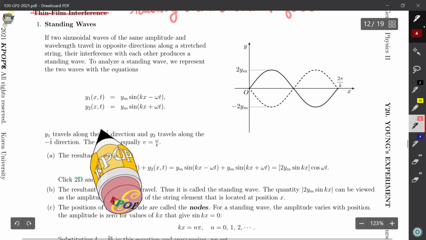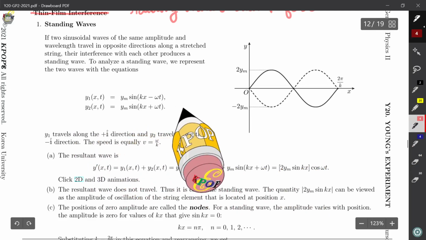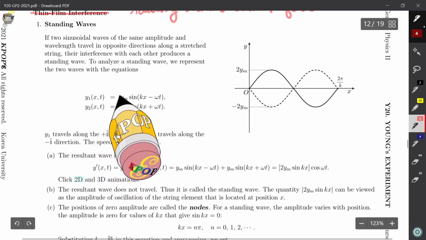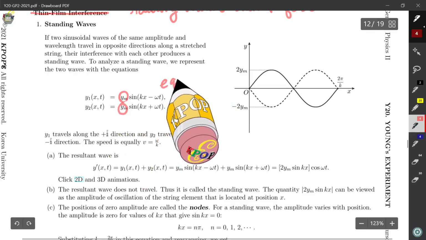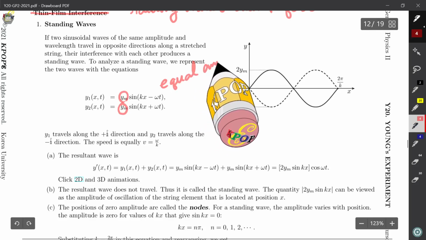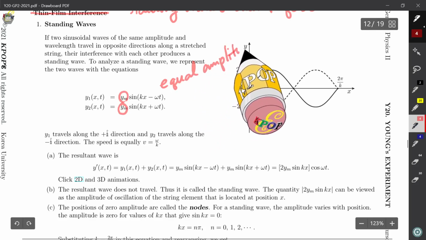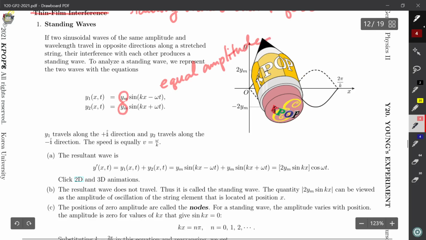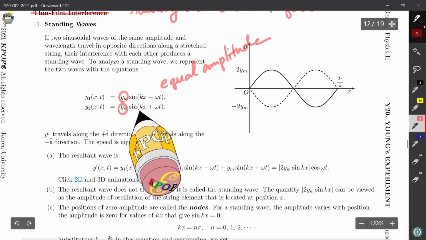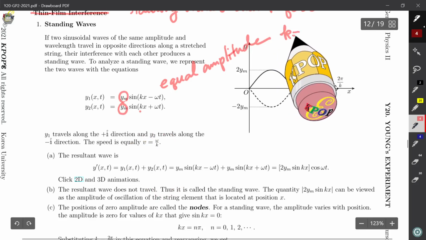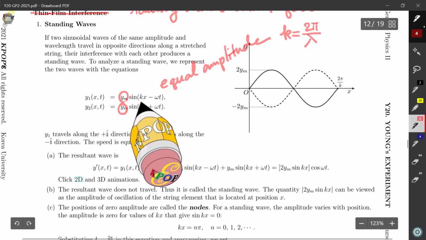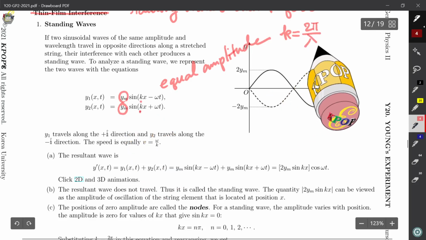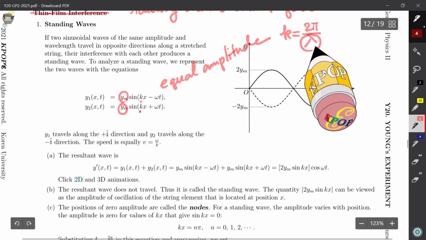We have two waves of equal amplitude, and we have equal wavelength. K equals 2 pi over lambda. K, they are the same. That means the wavelengths are identical to each other.